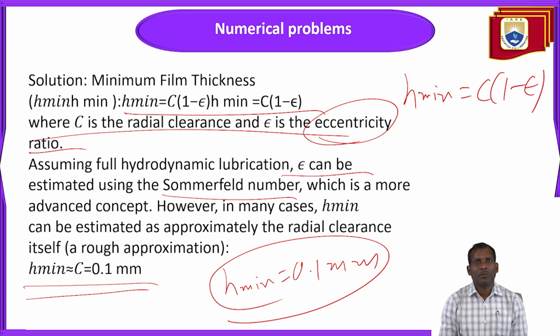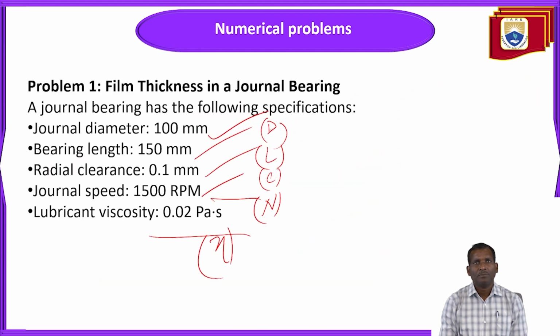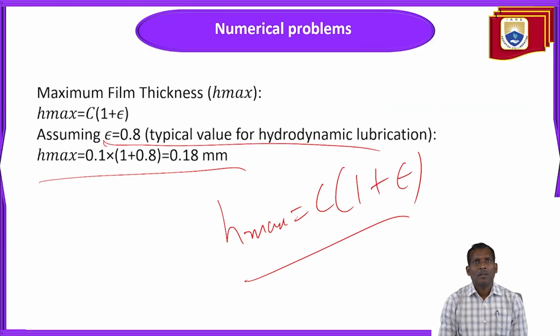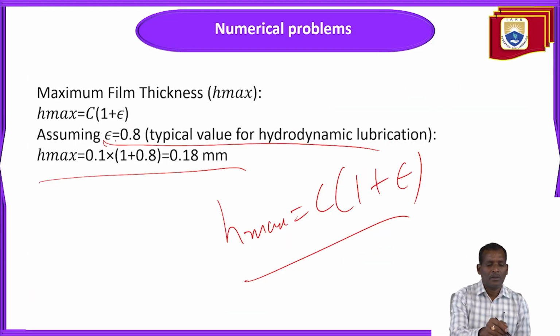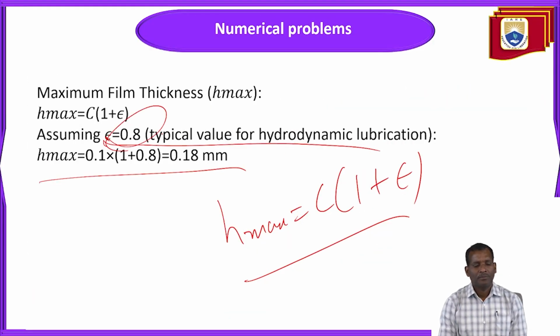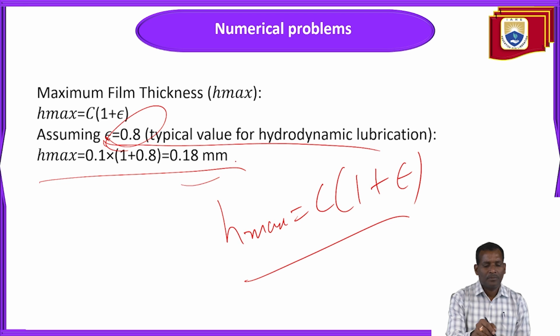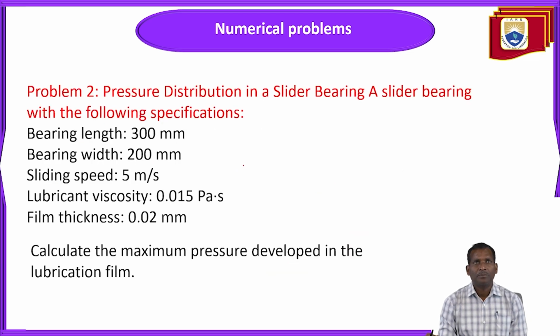The epsilon can be estimated using the Sommerfeld number. Clear? So assuming epsilon 0.8, you can calculate the maximum film thickness. So you will get 0.18 mm.